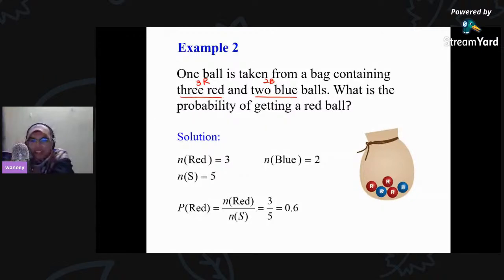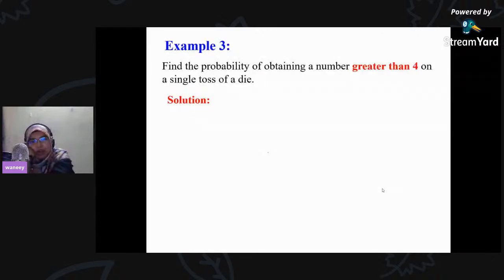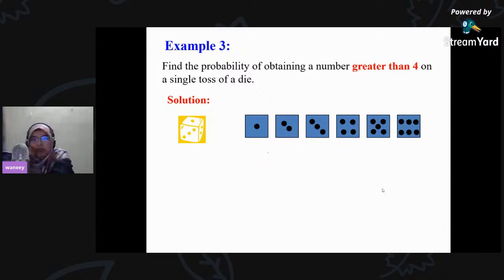Okay, so now the probability of getting a red ball is 0.6. Next. Find the probability of obtaining a number greater than 4 on a single toss of a die. When we toss a die, we need to list down all possible outcomes. So we can get either 1, 2, 3, 4, 5 or 6.